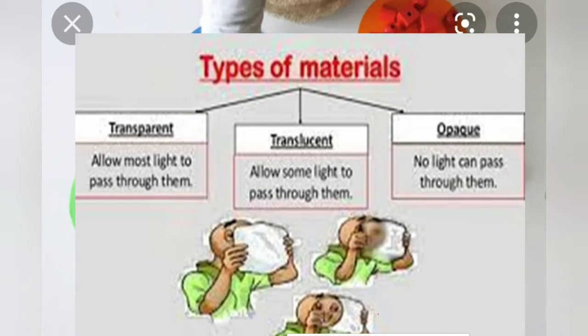Now our next property is, wait, let me write it over here, transparency. Now when I talk about transparency, this has three things: transparent, translucent and opaque. So what do we mean by transparent? When the object is such that light is passing through, it is transparent.